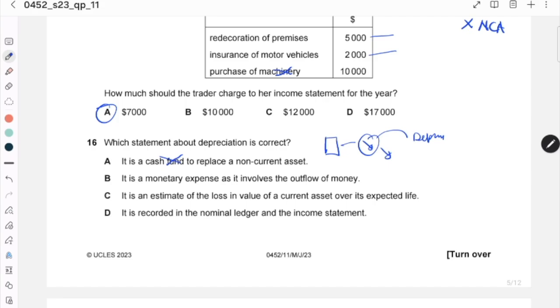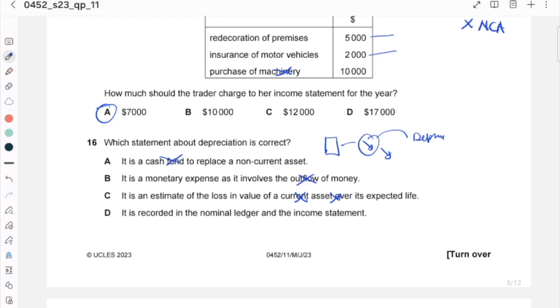B, it's a monetary expense involving outflow of money, is not correct. Number C, it estimates the loss in the value of current assets, is not current assets but non-current assets.